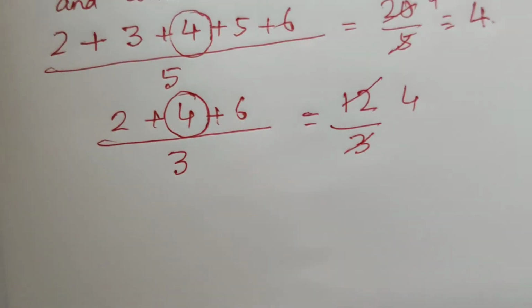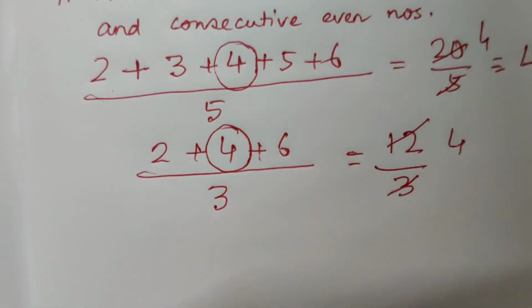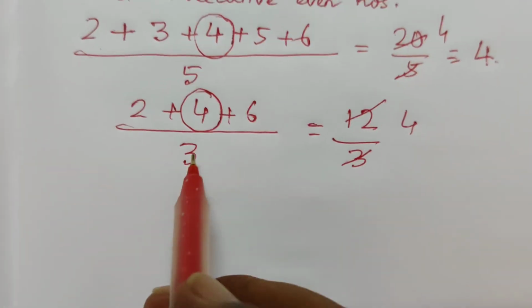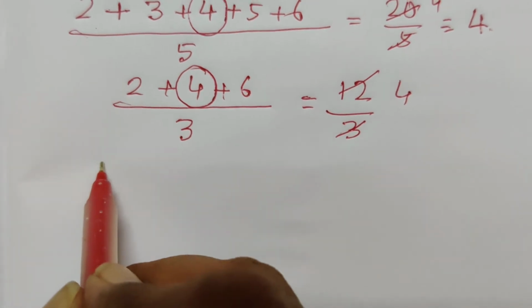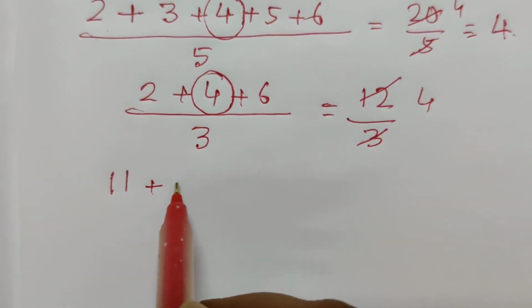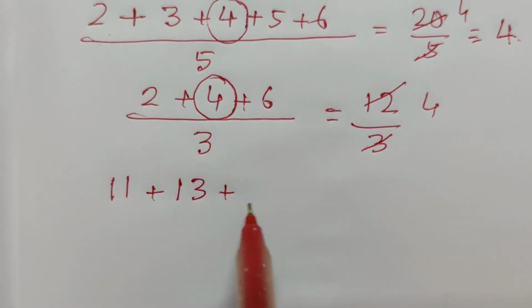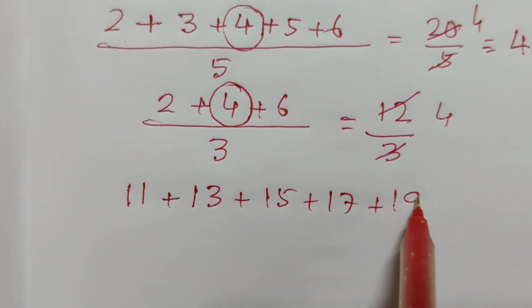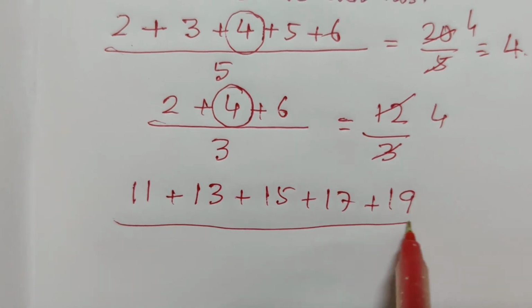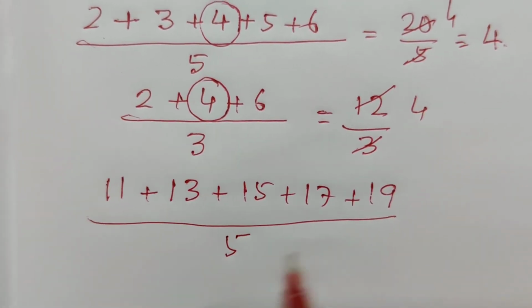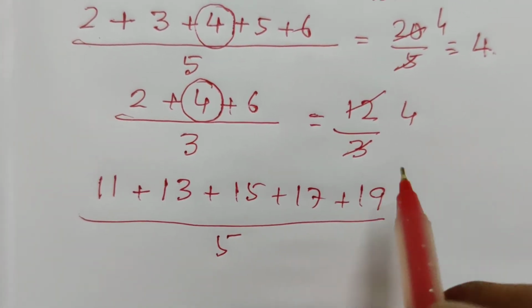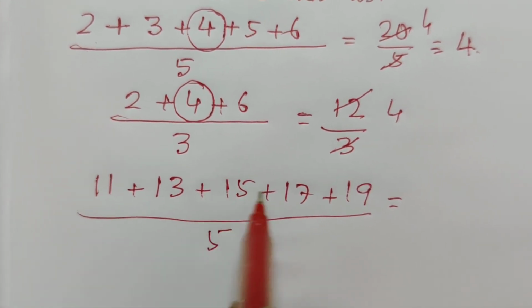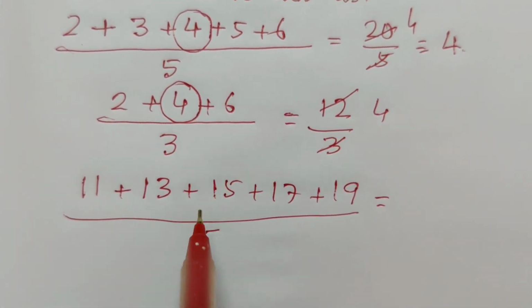Now if we are asked to find out the average of odd numbers, consecutive odd numbers. Now suppose starting from 11, 11 plus 13 plus 15 plus 17 plus 19. How many numbers are there? 5. Again you see 15.